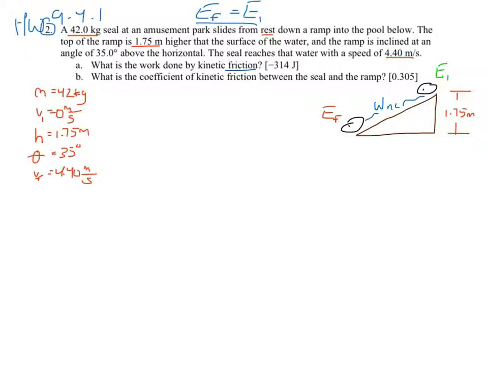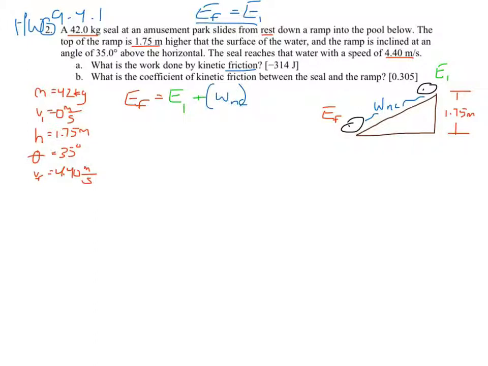So what's our working equation? Our working equation is not energy final equals energy initial. That doesn't apply anymore because we have a loss of work, but we can say that energy final equals energy initial plus this non-conservative work that is done.